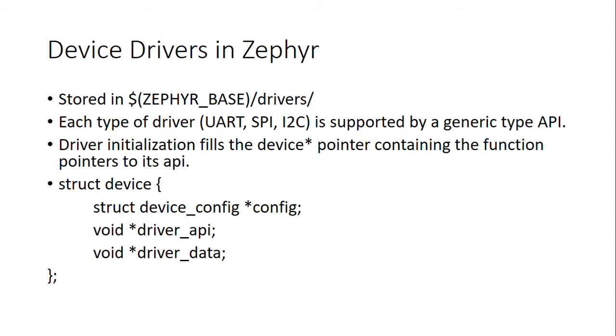Considering that everything is statically defined at initialization, whenever the kernel is booted, the driver gets initialized and we get this pointer. So that's how it goes. All the drivers are statically initialized, so just at the time of booting we can get a pointer and we could use it in our code, in the application.